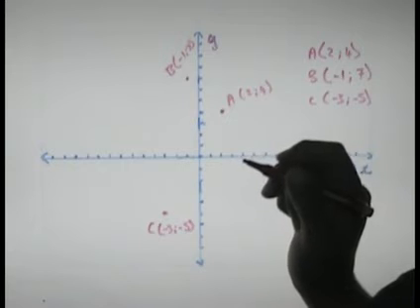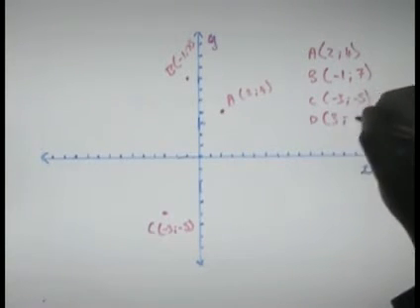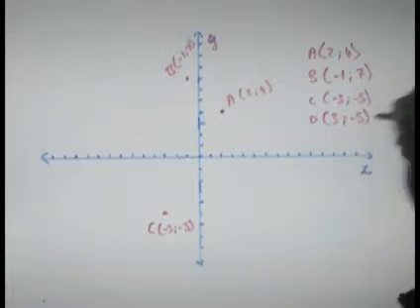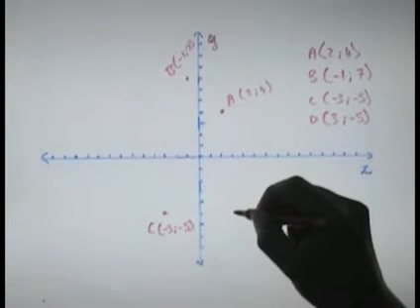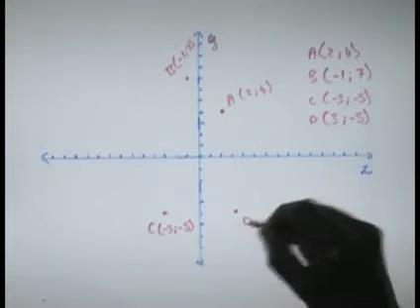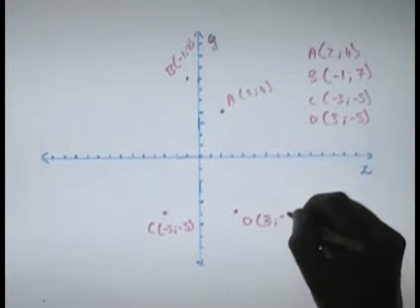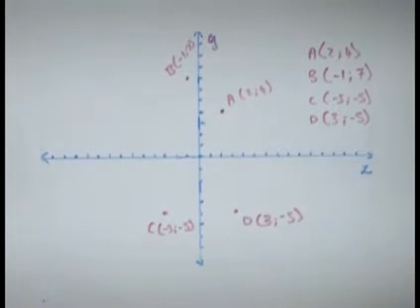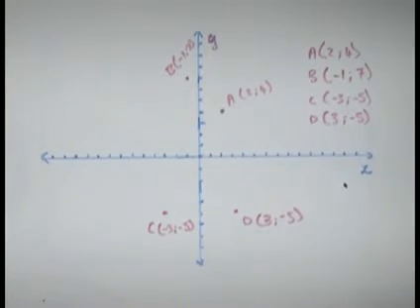And the coordinates of D are x is 3, y is equal to also negative 5. So it's at negative 5, but x is equal to positive 3. That's over there, that's the point 3 and negative 5. Notice that all the coordinates I gave you fall in the 4 quadrants: quadrant 1, quadrant 2, quadrant 3 and quadrant 4.